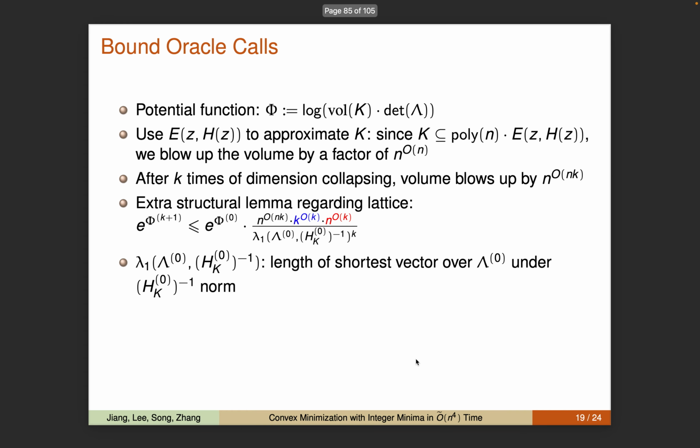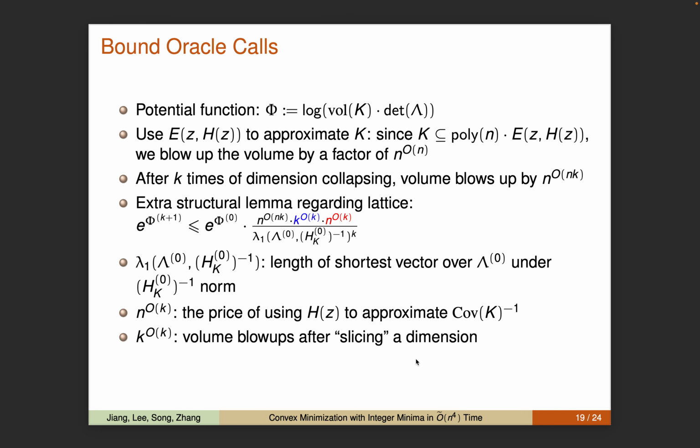Let us try to parse the factors here. So n to the O of nk is due to the ellipsoid approximation. k to the O of k is due to the volume blowing up after we slice a dimension, projecting onto a smaller dimensional space, and n to the O of k is essentially the price we're paying to use the h of z to approximate the covariance matrix.